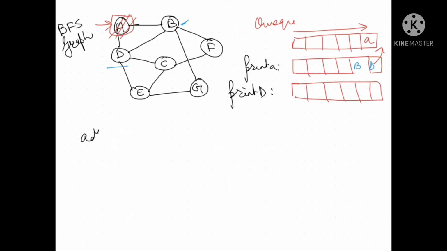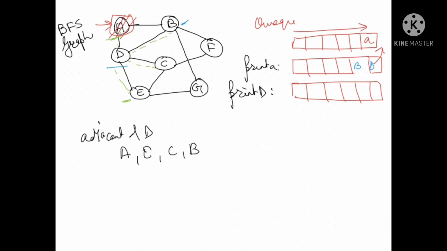Adjacent to D are C, A, E, C and B. So see, this is A, this is D, this is C, and this is B.